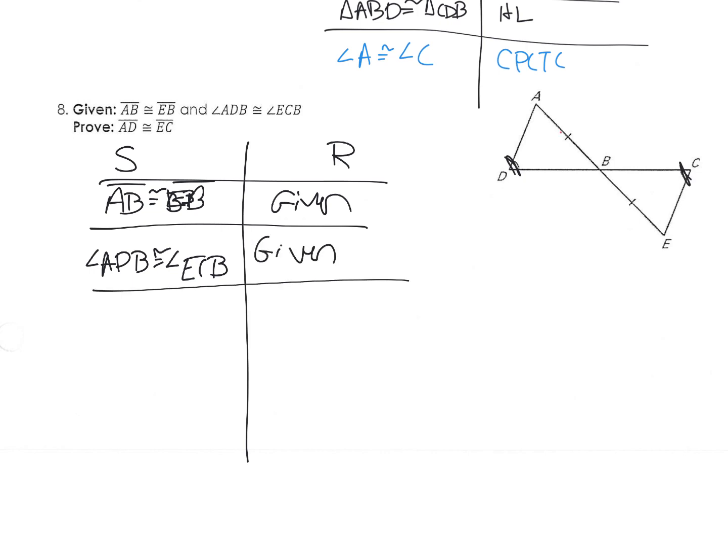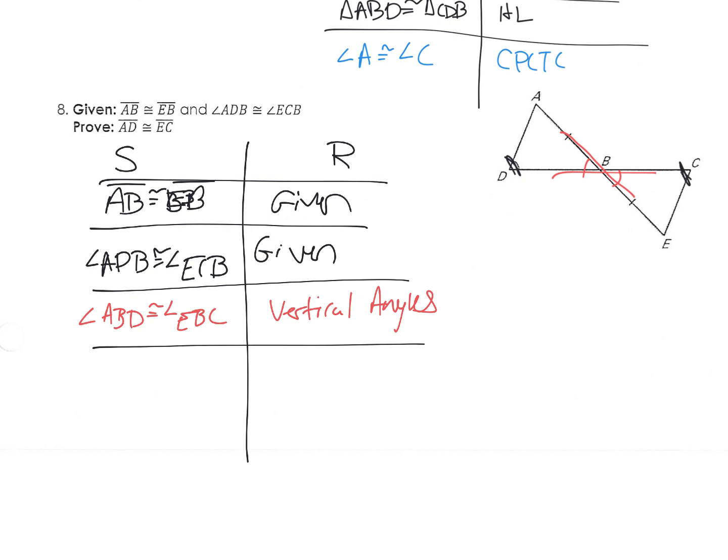Last important thing here, we have an intersection, meaning we have vertical angles. This one we definitely have to use 3 letters for. Angle ADB is congruent to angle EBC by vertical angles. So we know that triangle ADB has to be congruent to triangle ECB by angle, side, angle. And once we have that, then anything else we want in the triangle just comes for free with our good friend CPCTC.